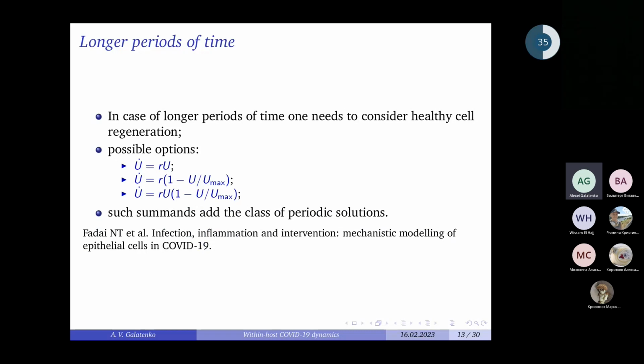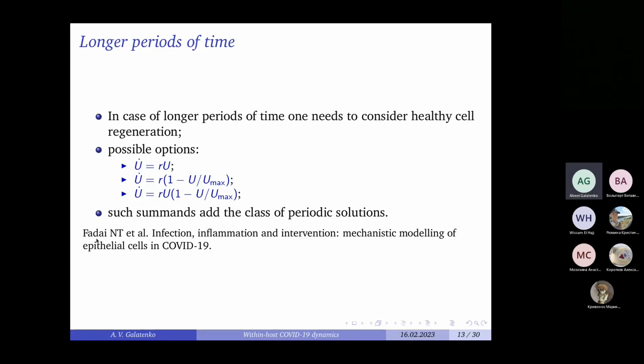Anyway, if we add such a summand to the first equation, we'll get a class of more sophisticated solutions. For instance, there emerge periodic solutions, which may correspond to a long disease, like several waves of disease. And one of the problems that we want to solve is finding adequate parameters under which the disease will go in several waves.